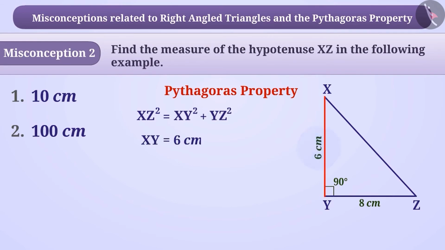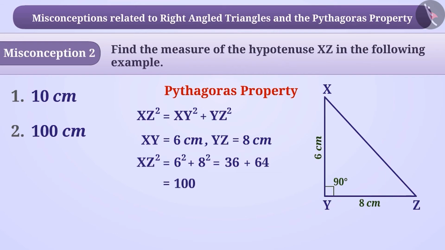Since XY is equal to 6 cm and YZ is equal to 8 cm, therefore XZ square is equal to 6 square plus 8 square, which is equal to 36 plus 64, which is equal to 100. After getting this sum, they forget to find the value of XZ from XZ square. They assume the value of XZ to be 100 cm. With this understanding, they give the answer as option 2, which is an incorrect answer.